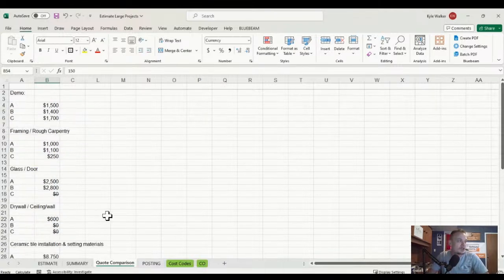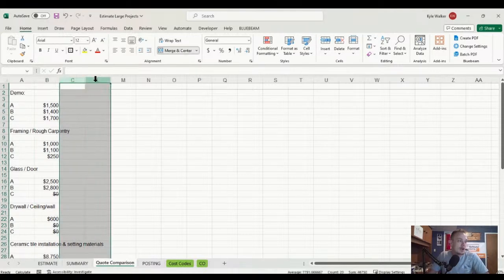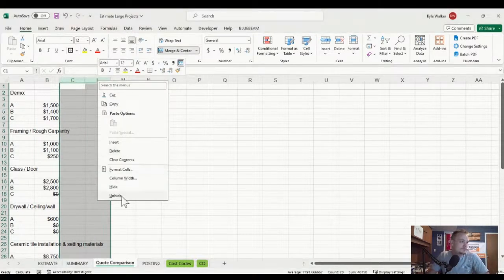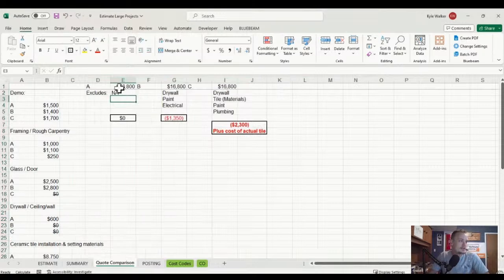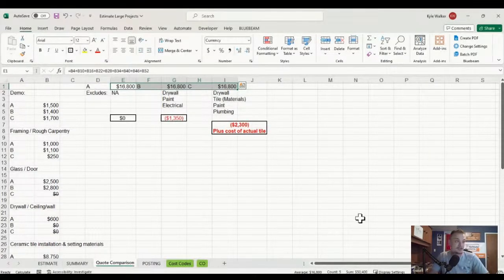But when you tally all these up, I will unhide now. Your every cost is $16,800. So if you only look at the bottom line, all three bids are the exact same. That's great.